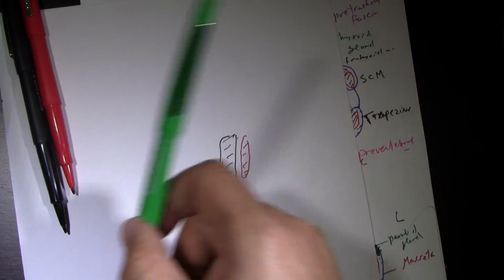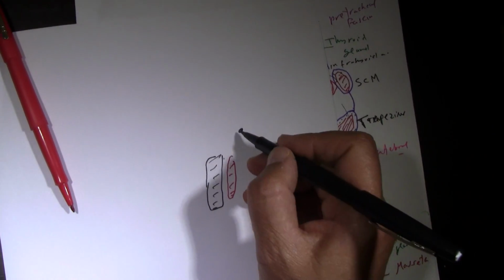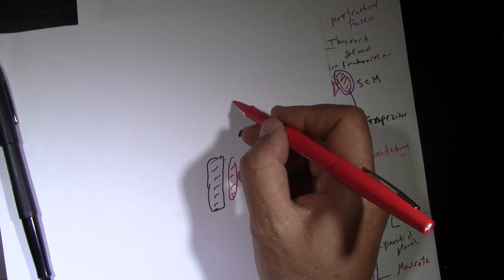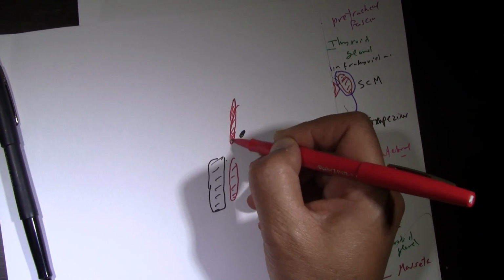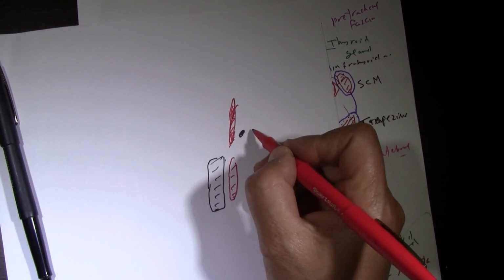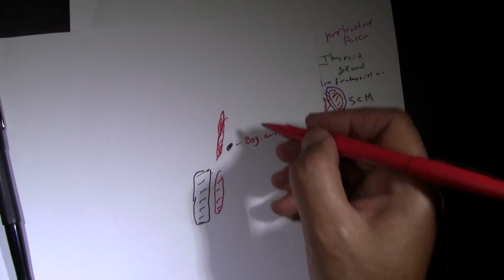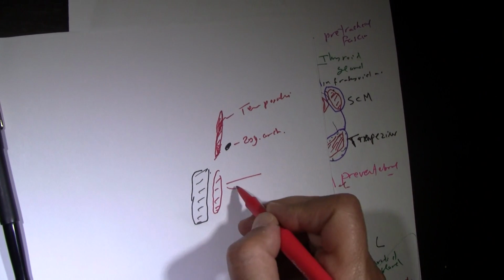And then here is the zygomatic arch above, and then you have the temporalis muscle above here. Temporalis muscle extends deep to the zygomatic arch. This is the zygomatic arch, cut section, and the temporalis muscle. This is masseter.